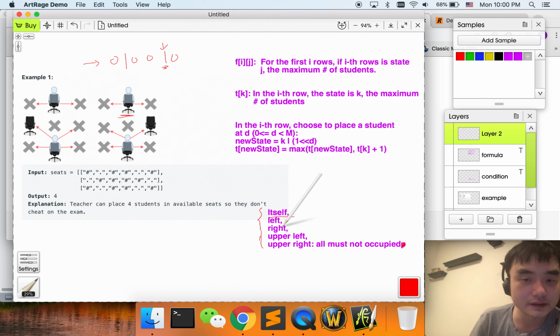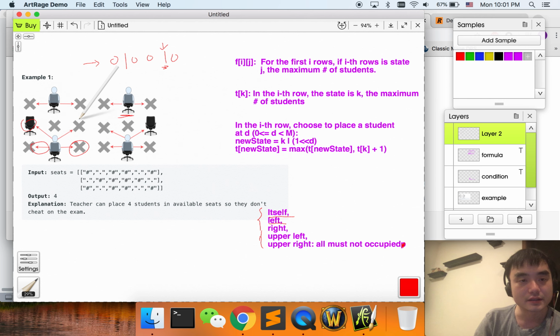And we also need to check that the place to the left of that seat is not occupied, because of the rule. And also to the right, the upper left, and the upper right. So how do we check upper left and upper right?